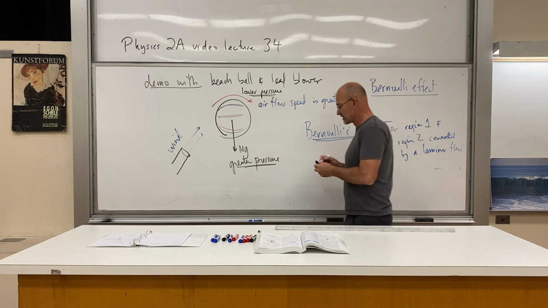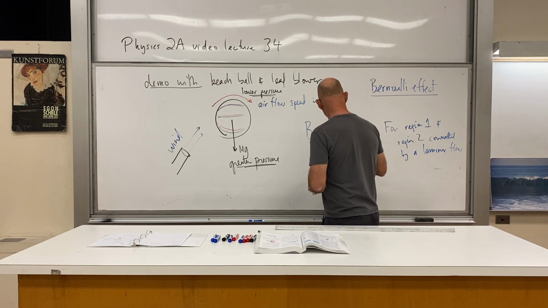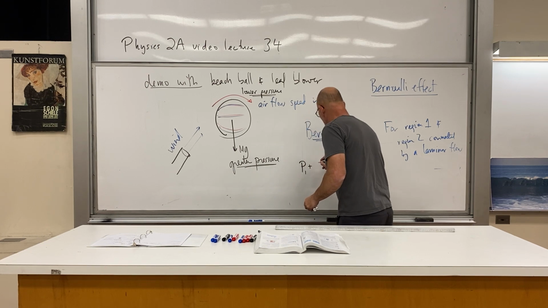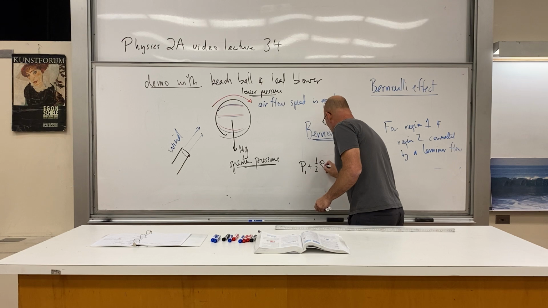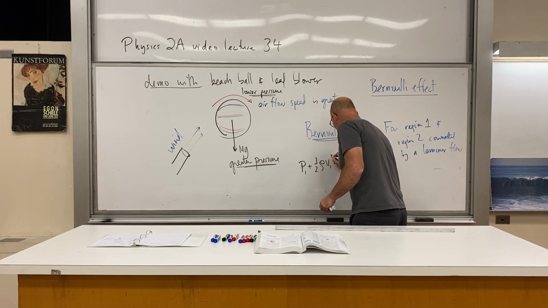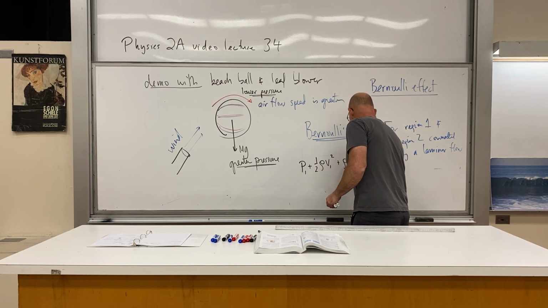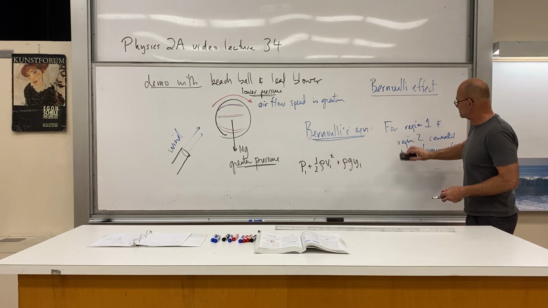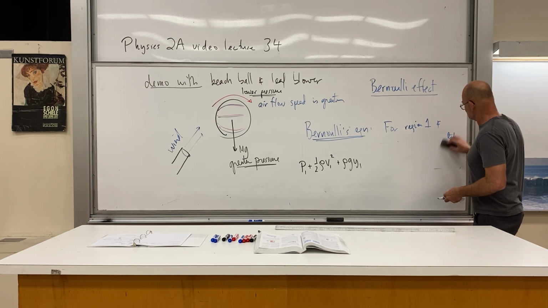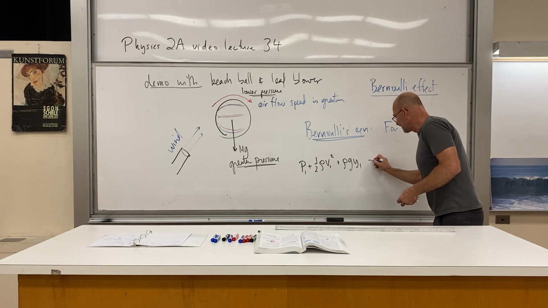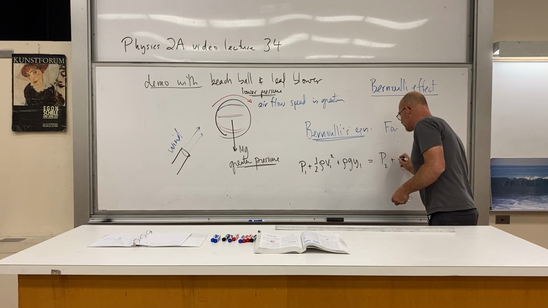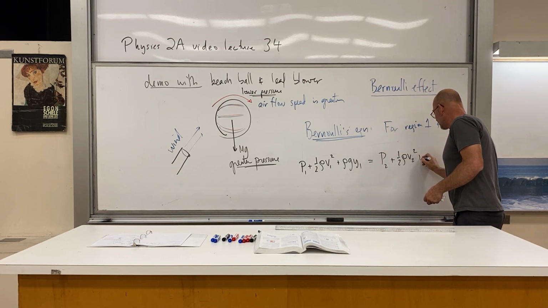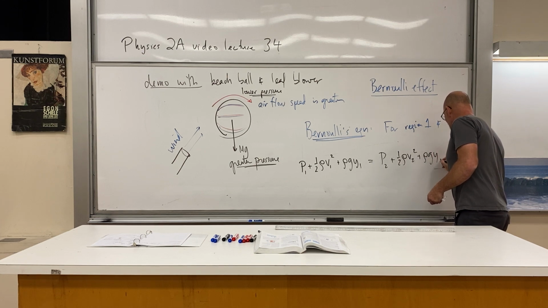So here's the important equation here. We have P1 plus 1/2 rho V1 squared plus rho g y1 equals P2 plus 1/2 rho V2 squared plus rho g y2.